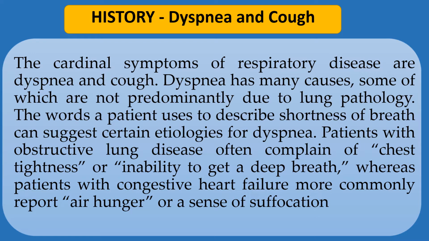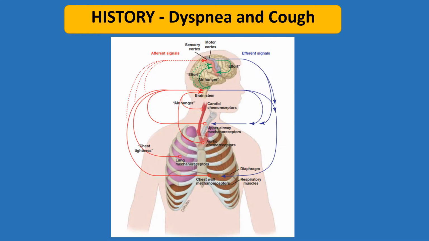Dyspnea has many causes, some of which are not predominantly due to lung pathology. The words a patient uses to describe shortness of breath can suggest certain etiologies for dyspnea. Patients with obstructive lung disease often complain of chest tightness or inability to get a deep breath, whereas patients with congestive heart failure more commonly report air hunger or a sense of suffocation.